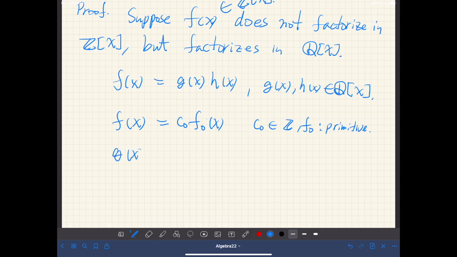And g of x can be written as c1 over d1 times g0 of x, and h of x can be written as c2 over d2 times h0. And so f0, g0, h0 are all primitive.